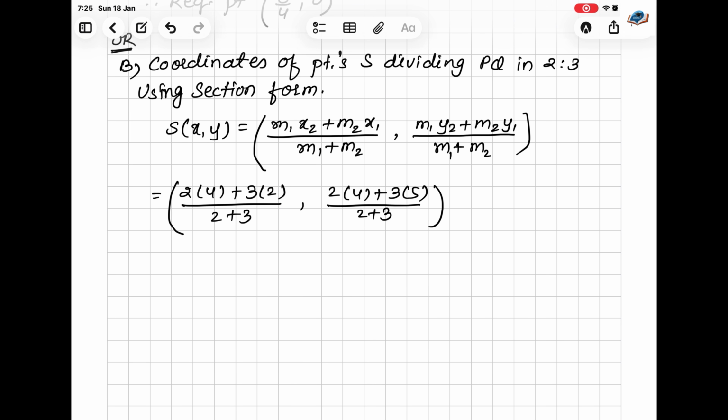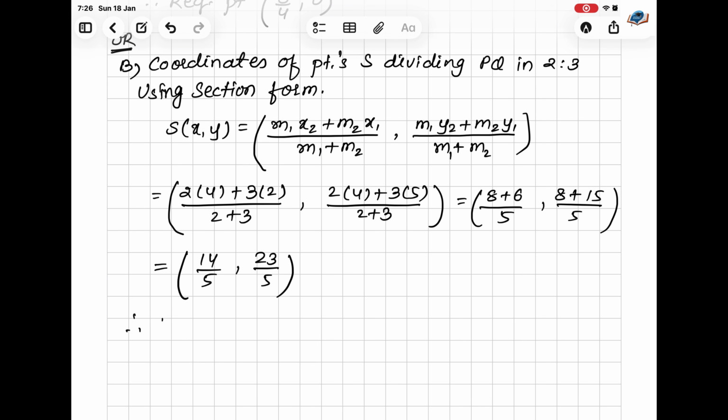So that will be 8 plus 6 upon 5, comma 8 plus 15 upon 5. So that will come as 14 upon 5, comma 23 upon 5. So therefore S x comma y equal to 14 upon 5, comma 23 upon 5. So these 2 points I got.